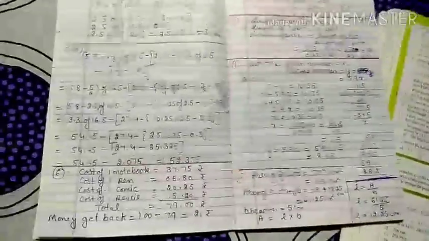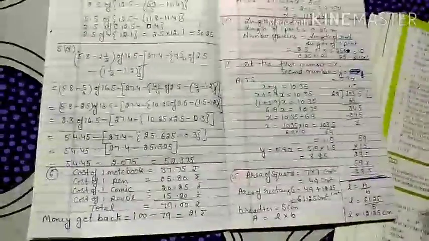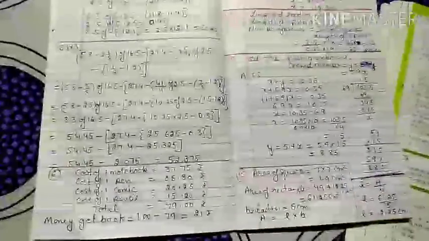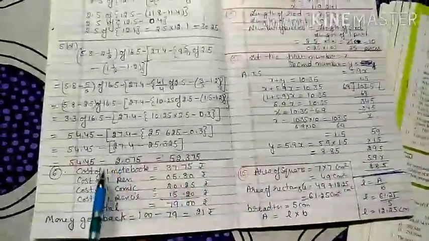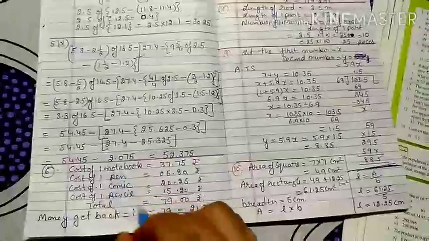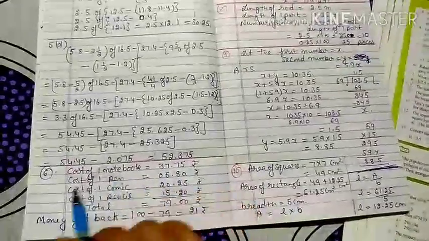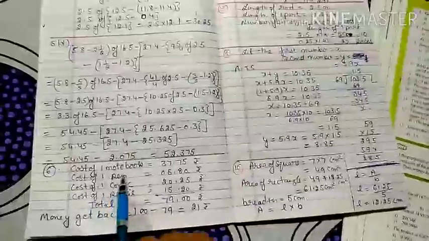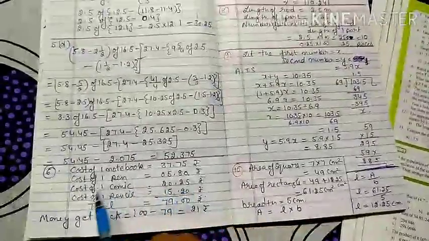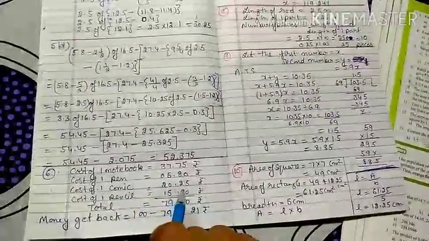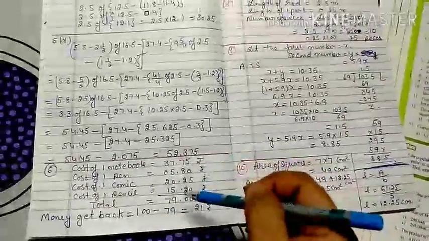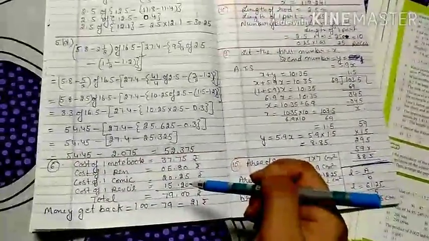Now your sixth question is, Rahul purchased a notebook for 37.75, a pen for 5.80. Cost of one notebook is 37.75. Cost of one pen is 5.80. Cost of one comic is 20.25, and cost of one pencil is 15.20. So that is the cost of the things bought by Rahul.